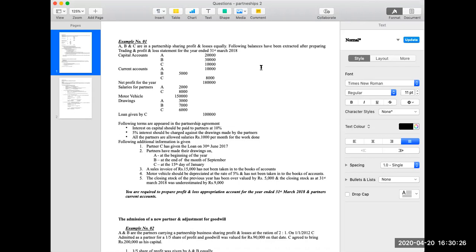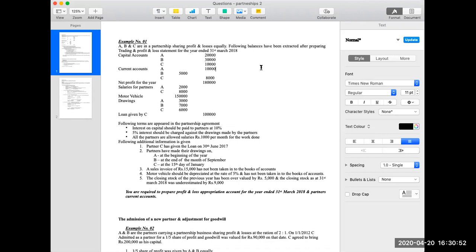Therefore, it has to be added to the profit that has already been calculated. Then closing stock of the previous year has been overvalued by 5,000. If it is overvalued, that has to be deducted, 5,000. And the closing stock as at 31st March 2018 was underestimated. If it is underestimated, it has to be added back.